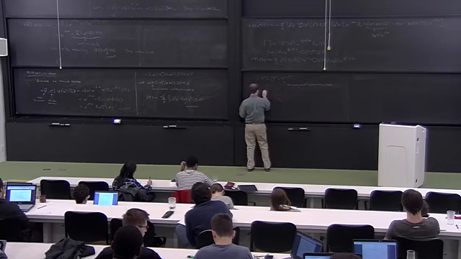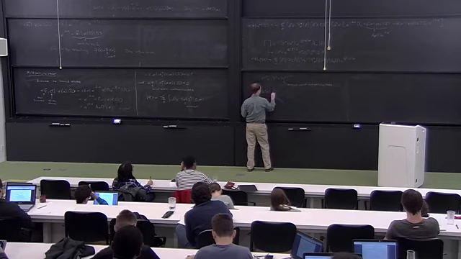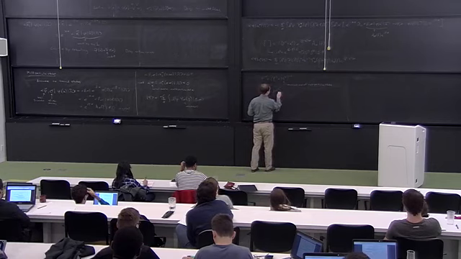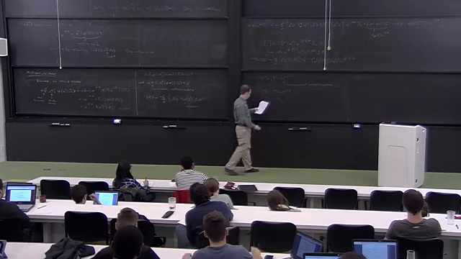And k naught is p squared, not k squared. We've already done the k integral. There's no k left. It's m squared to the 1/2.